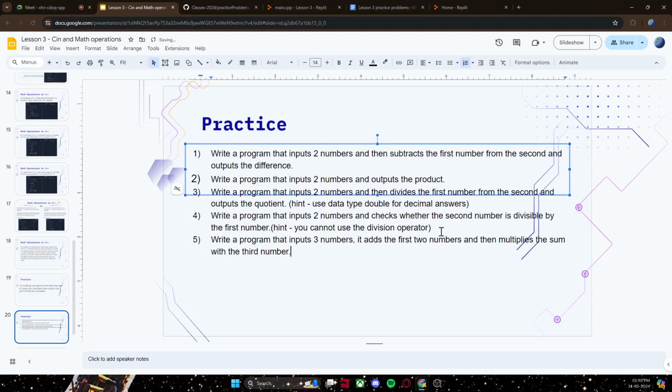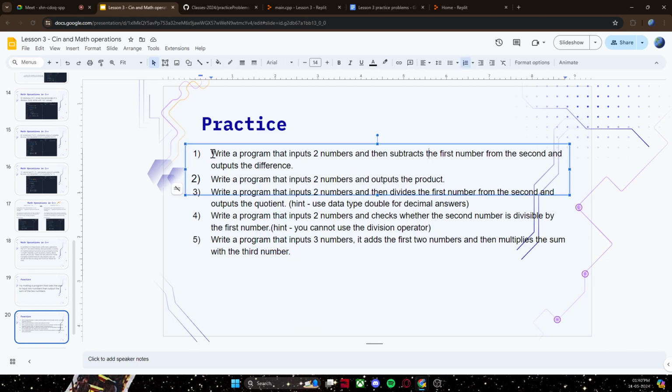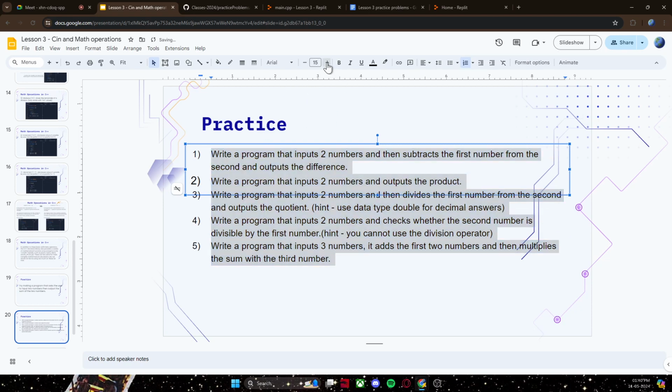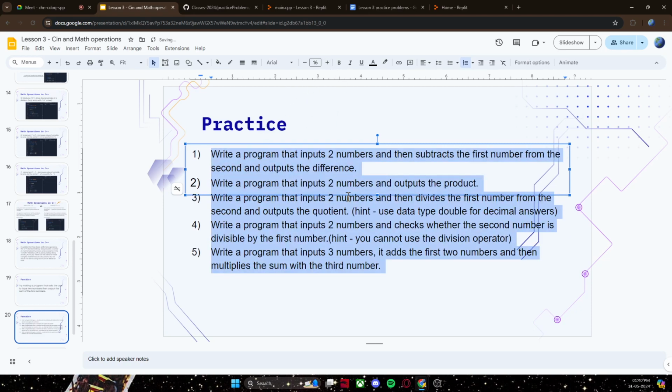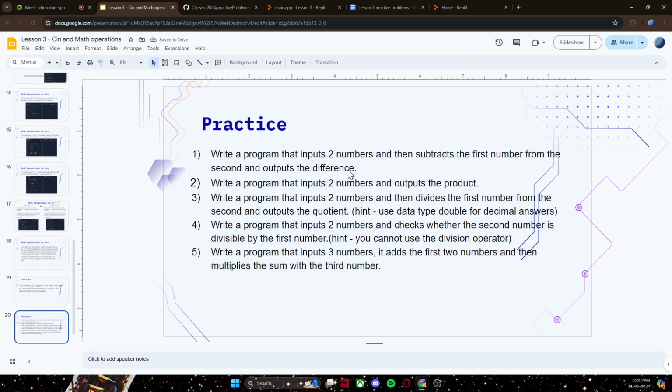Alright, you guys could work on these problems, and once you finish the first one, move to the second one and so on. They shouldn't be too hard, so you should be able to solve them with these. If you have any questions about it, just let me know.